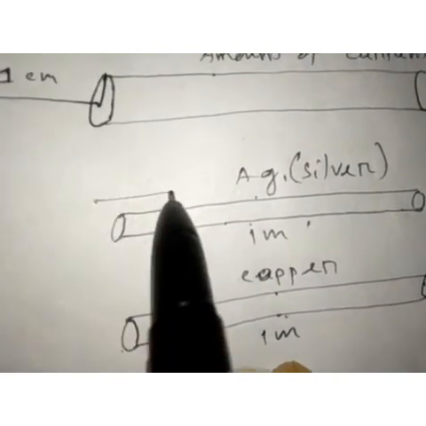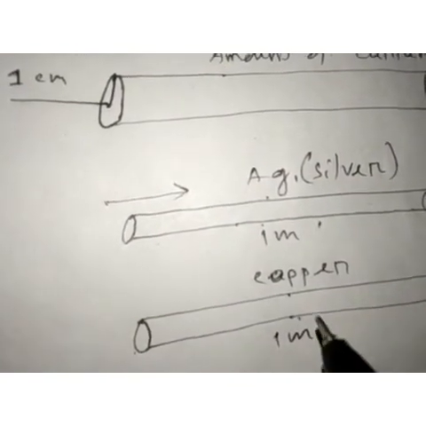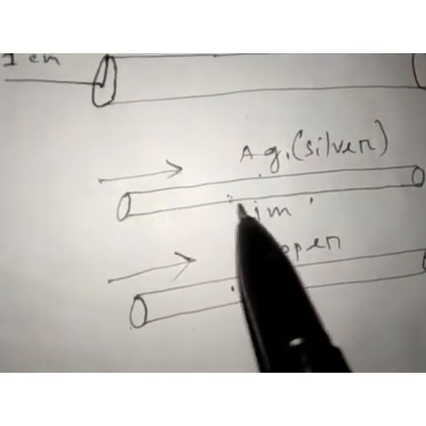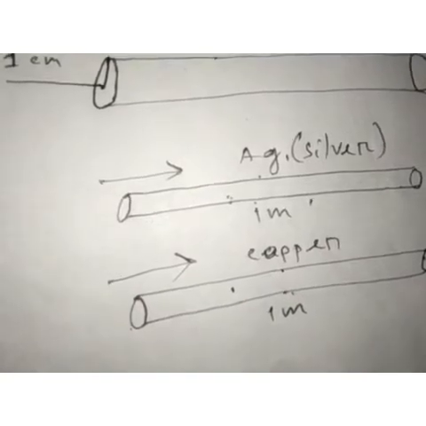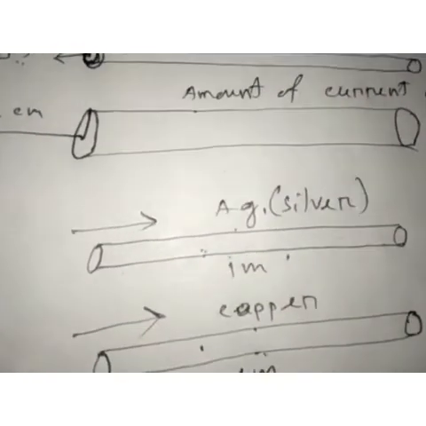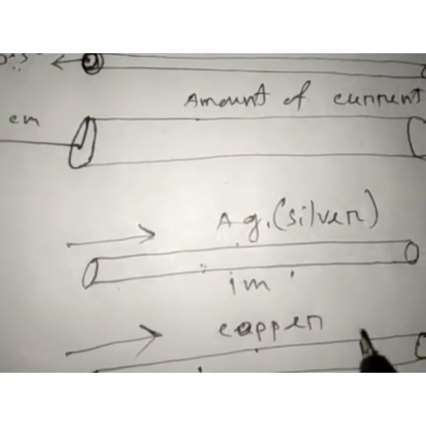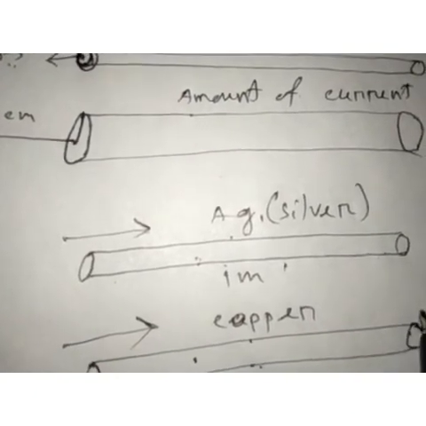Do you think the same amount of current is flowing through these two wires? If both are made of different materials, the same amount of current does not flow through them. That means the amount of current also depends on the nature of the materials.